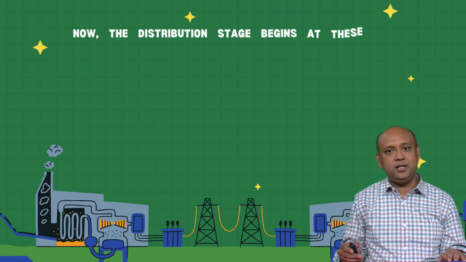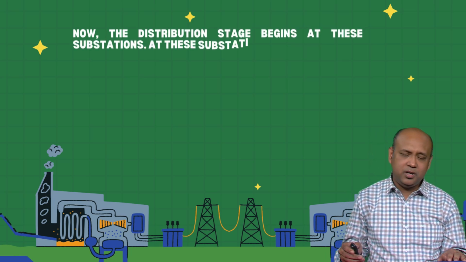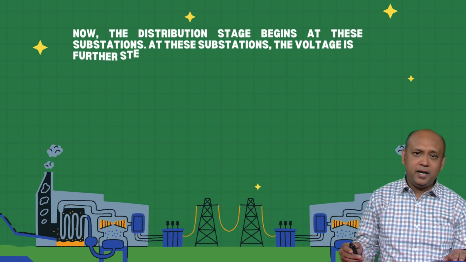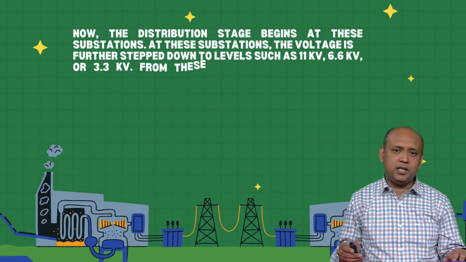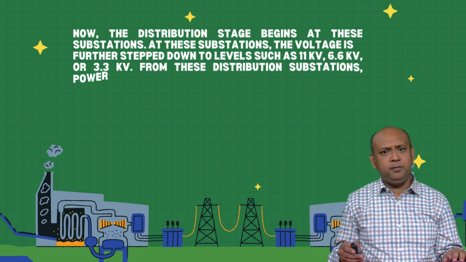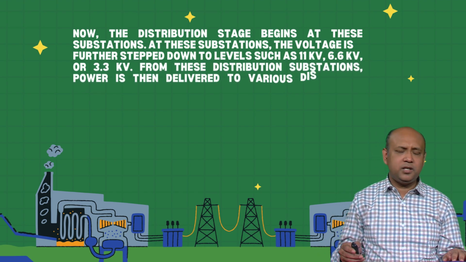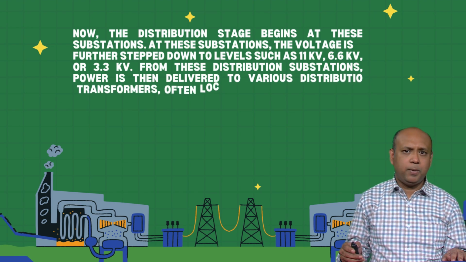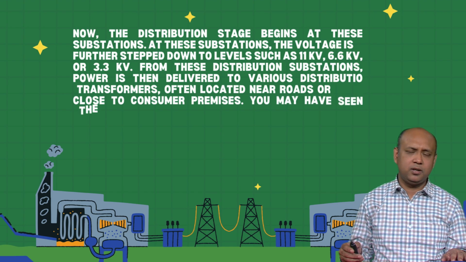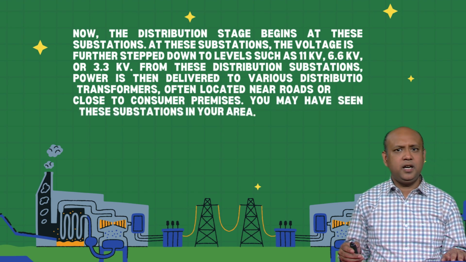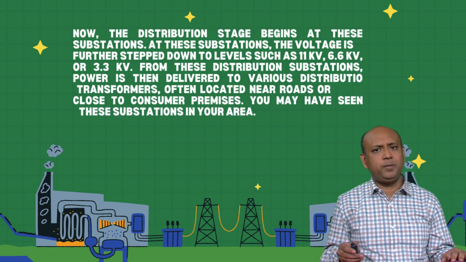Now, the distribution stage begins at these substations. At these substations, the voltage is further stepped down to levels such as 11 kV, 6.6 kV, or 3.3 kV. From these distribution substations, power is then delivered to various distribution transformers, often located near roads or close to consumer premises.